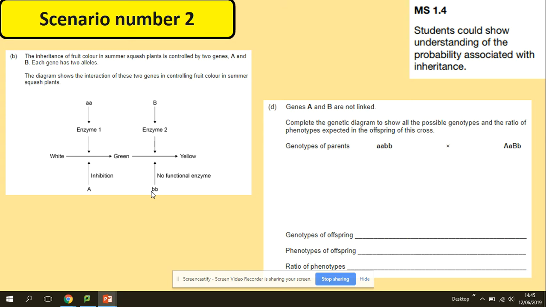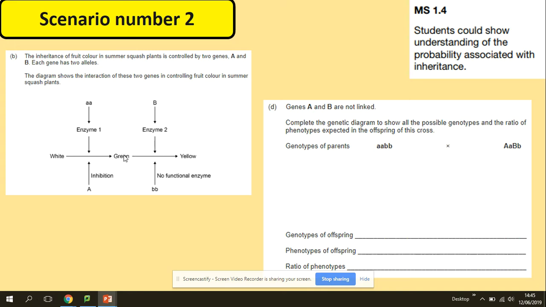So another question here, we've got epistasis, really lovely. It shows you the interactions of 2 genes, and what you really need to remember is that from white, we can get to green only if the recessive homozygous genotype is present. Here, if we had capitals, so dominant alleles or heterozygous, it won't happen.